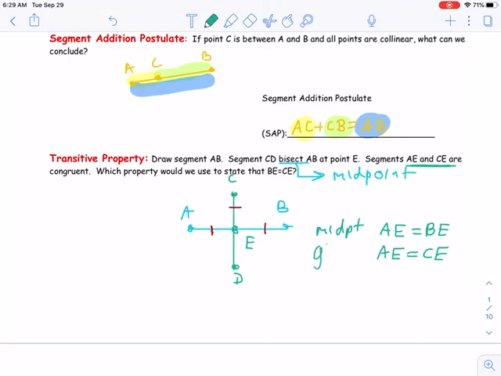Since it was bisected, we know AE was equal to BE. Then it was given that AE was equal to CE. So by transitive, we can say BE equals CE. They both equal AE, so they must equal each other.